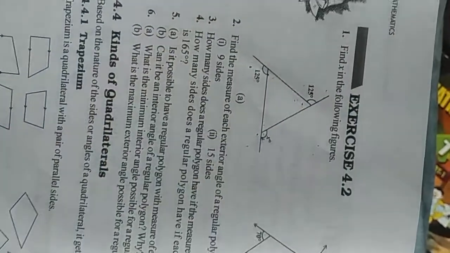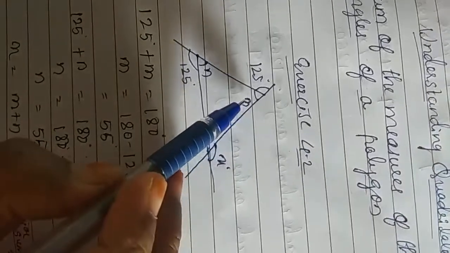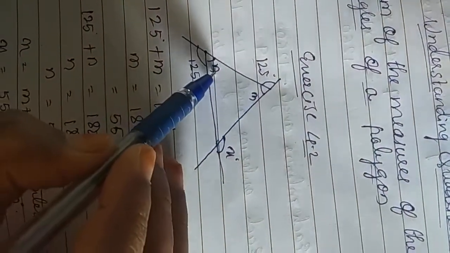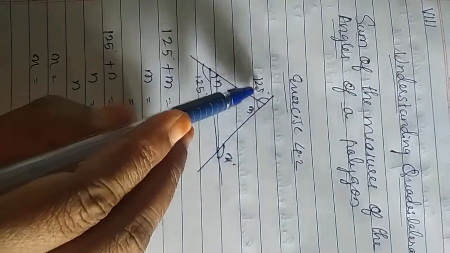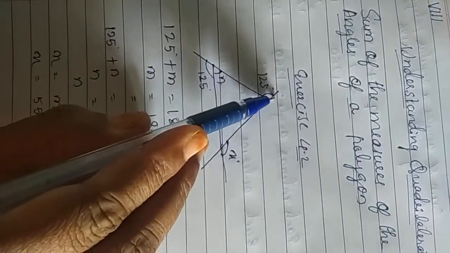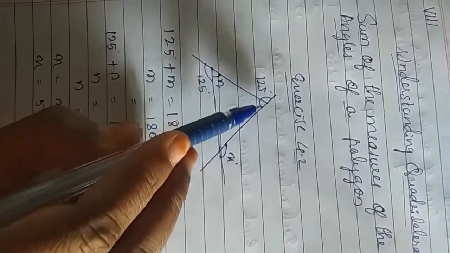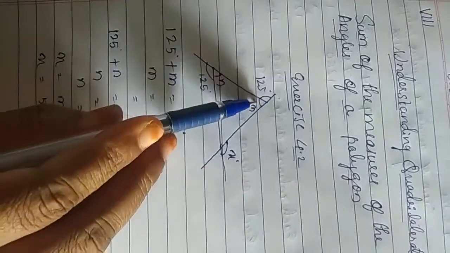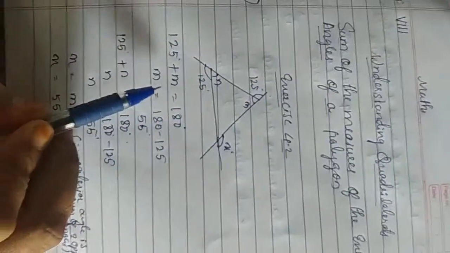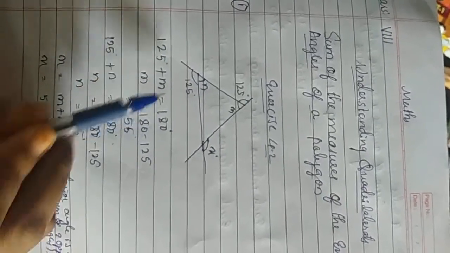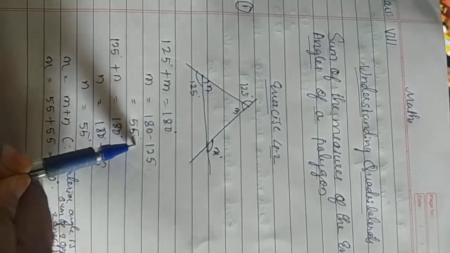Let us take the interior angles, this as m and this as n. This is 125 degrees. You know that the total angle on a straight line is 180 degrees. So 125 plus m is equal to 180 degrees. 180 minus 125 is 55 degrees.